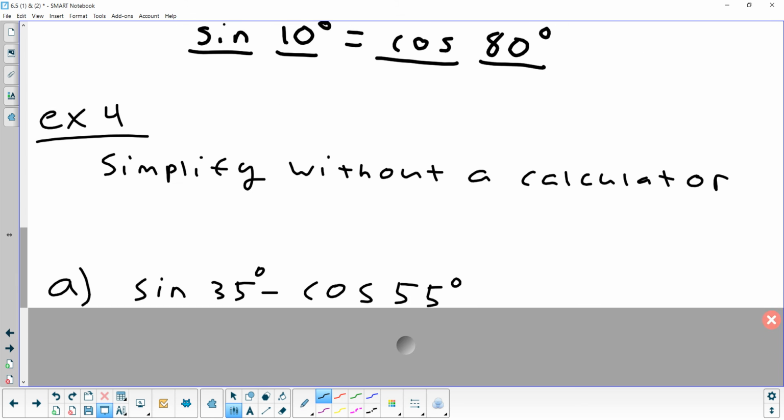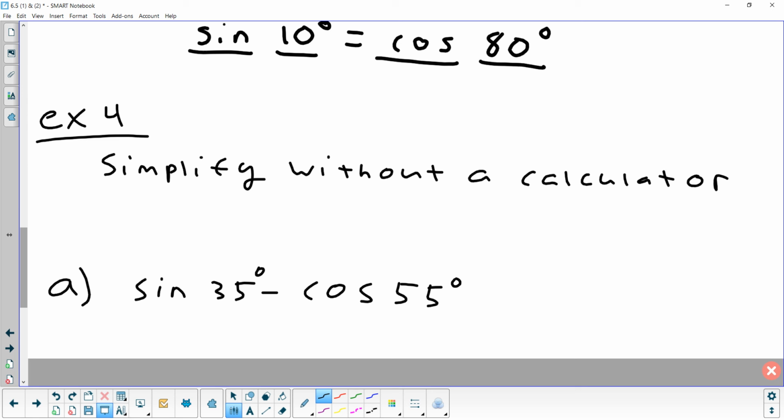So, let's finish up by looking at that one. Those two things that I just underlined, sine and cosine, what are they? Ethan? Cofunctions. They're cofunctions. All right, so we have cofunctions. What do 35 and 55 add up to?